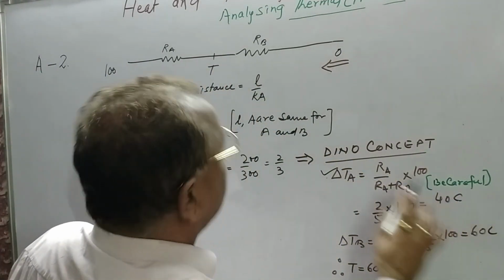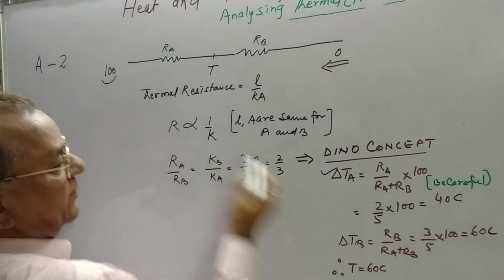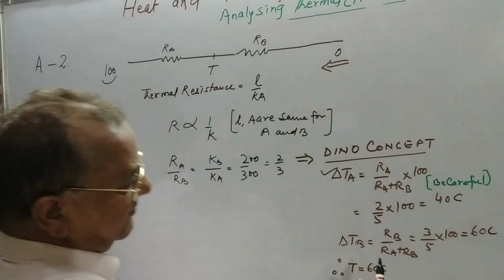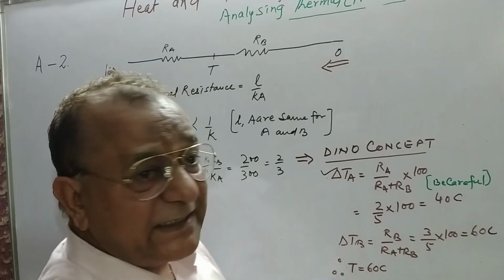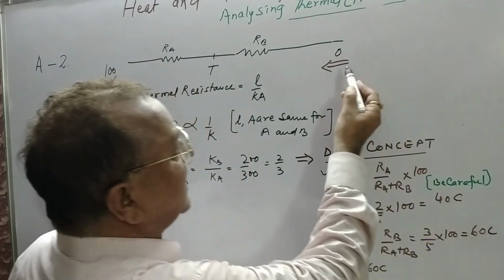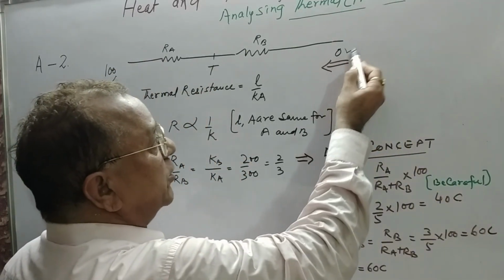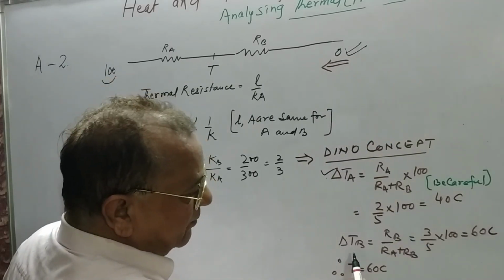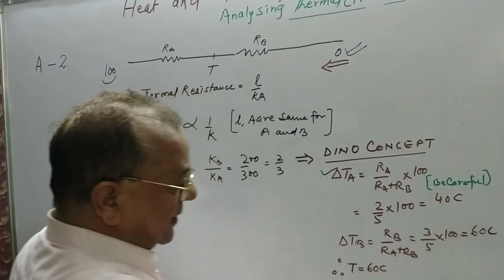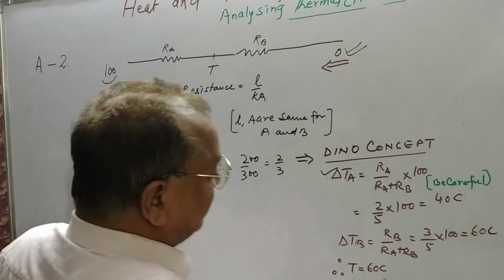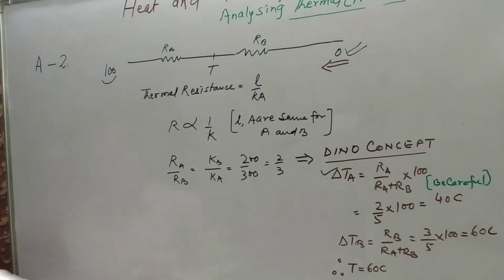So from 100, the temperature difference is 40, and this comes out to be 60. But I would suggest that you take the temperature difference from the 0 degree side. That will give you the direct answer. Delta Tb is equal to 60 degrees. Therefore, the temperature of the junction is 60 degrees.